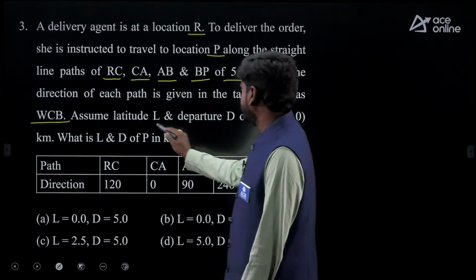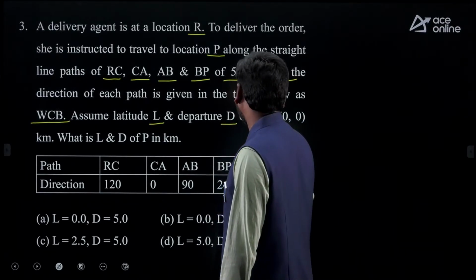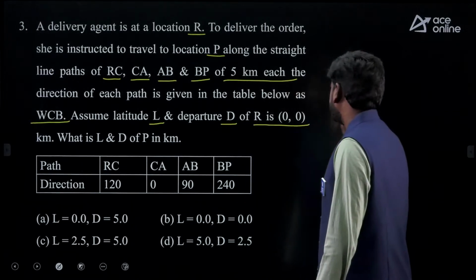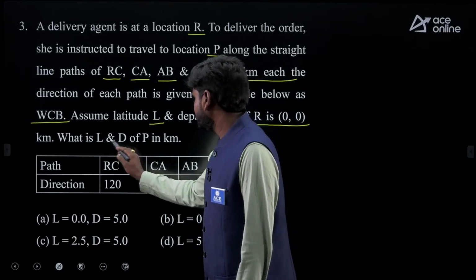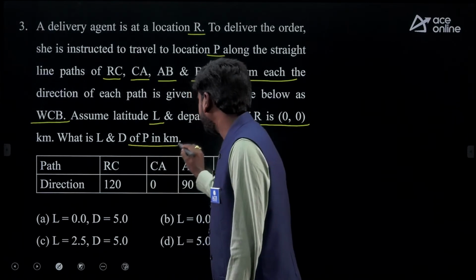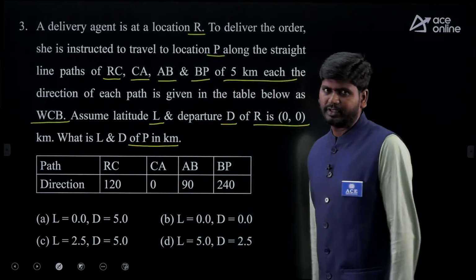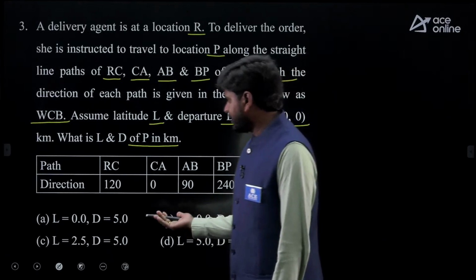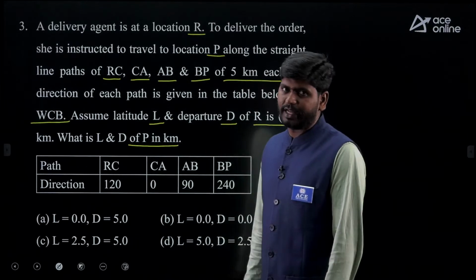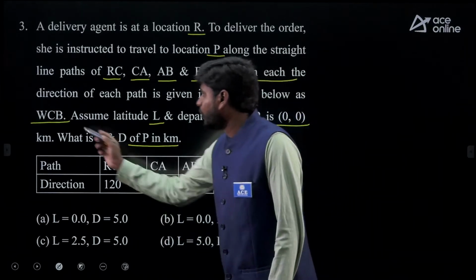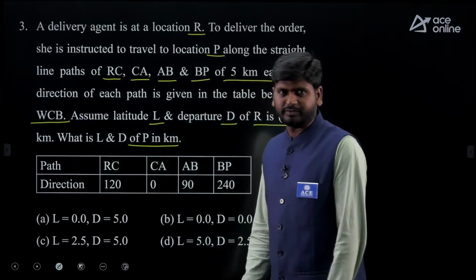Assume latitude L and departure D of R is 0, 0 kilometers. What is the latitude and departure of point P in kilometers? Here he has given the direction, nothing but a bearing, in whole circle bearing system, right?